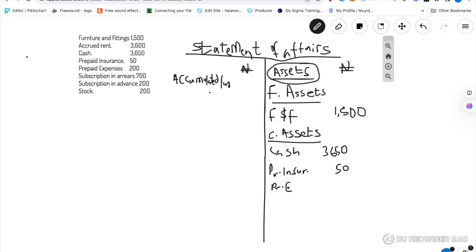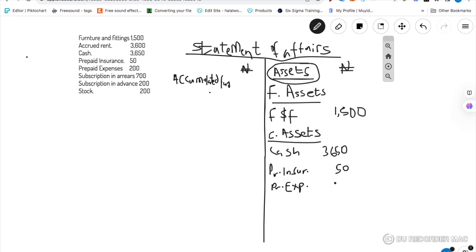Okay, so let me delete that. So we have prepaid expenses as 200. So that's prepayment 200. We also have stock.